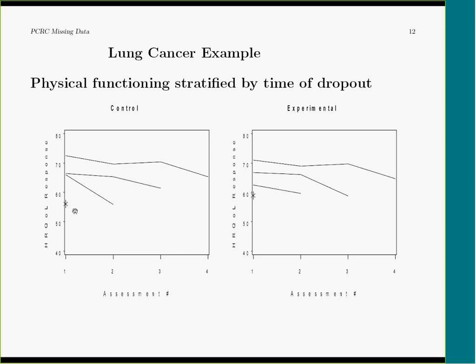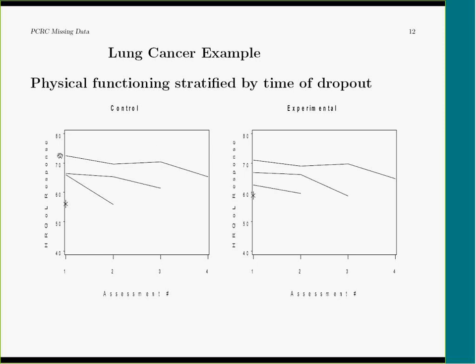This won't be atypical of what you'll see, where not only are the general slopes associated with the length of time on the study, but also where they start off. In this case, the patients with the lowest physical functioning were those that died the soonest, and the ones with the highest values tended to be the ones that survived long enough to do all four assessments.